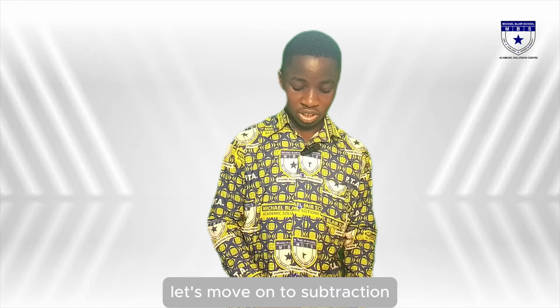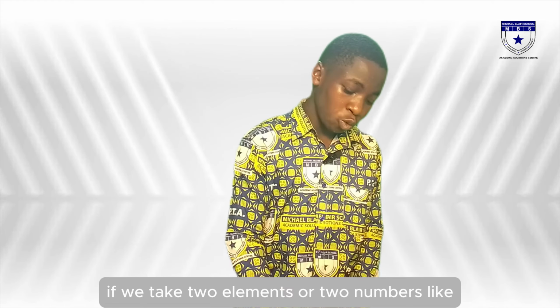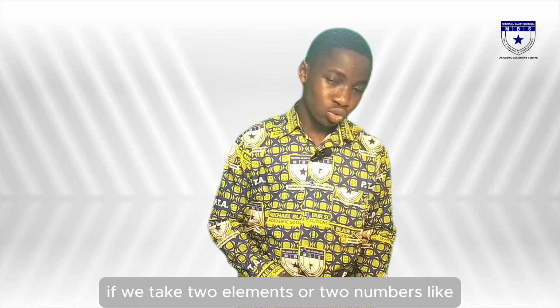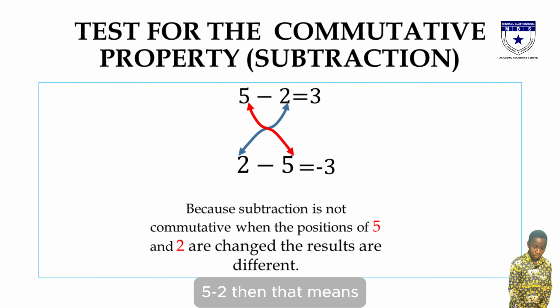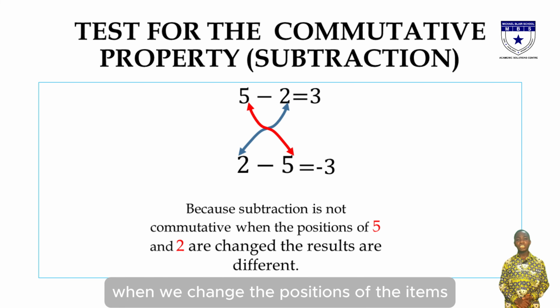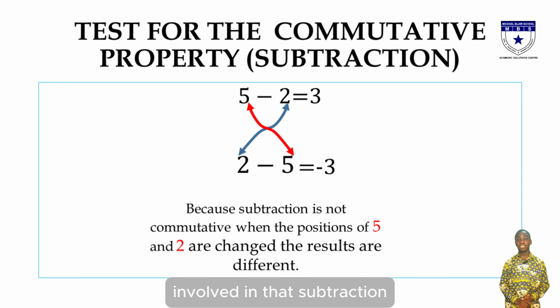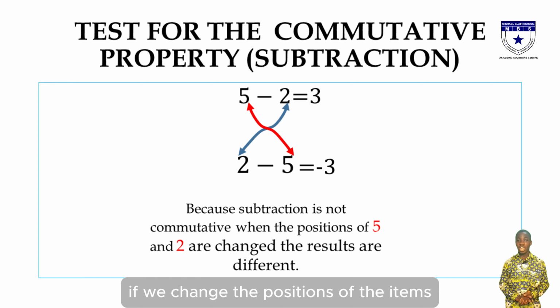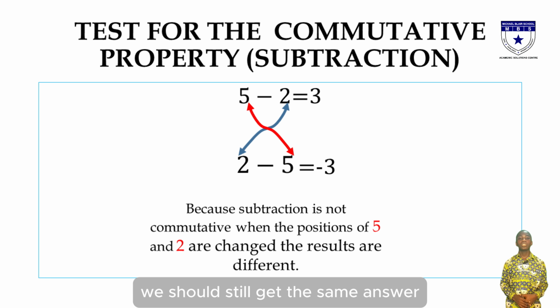Let's move on to subtraction. If we take two numbers like 5 minus 2. Now, if subtraction is really commutative, then that means when we change the positions of the items involved in that subtraction, we should still get the same answer.